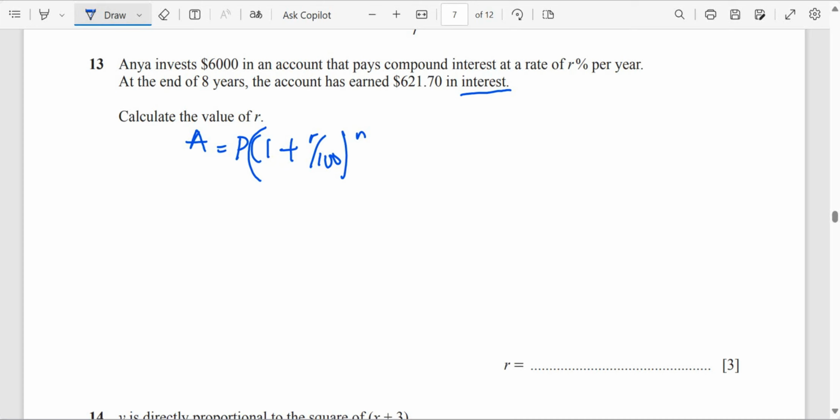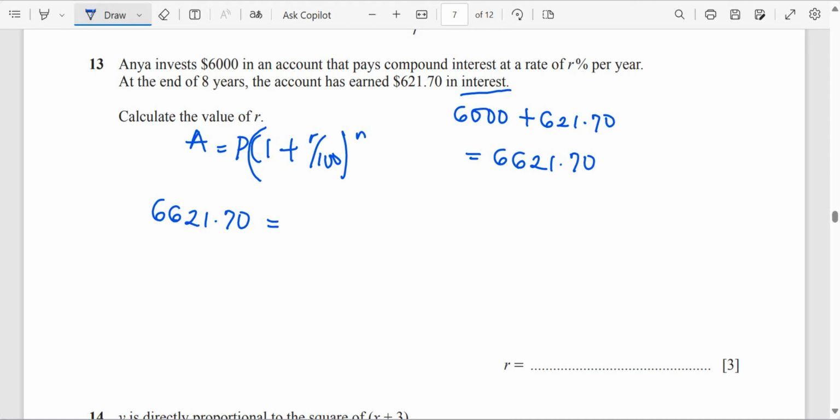The amount is the principal plus the interest, and that's going to give us 6,621.70. So that's my amount. 6,621.70 equals 6,000 into bracket 1 plus R over 100 raised to power of 8.